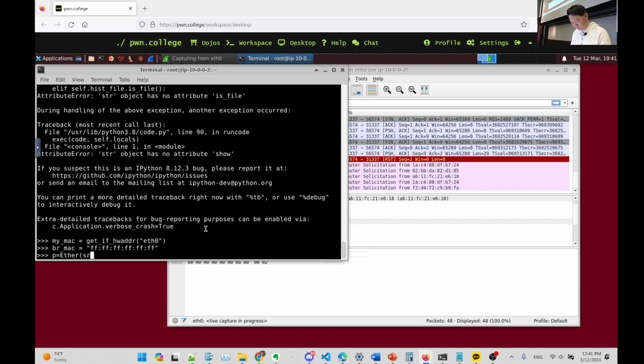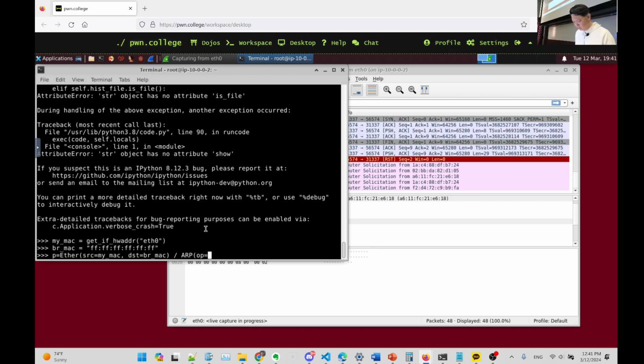Okay. And source is my MAC address, right? And destination, so broadcast MAC, right? On top of this, we now make the ARP packet.